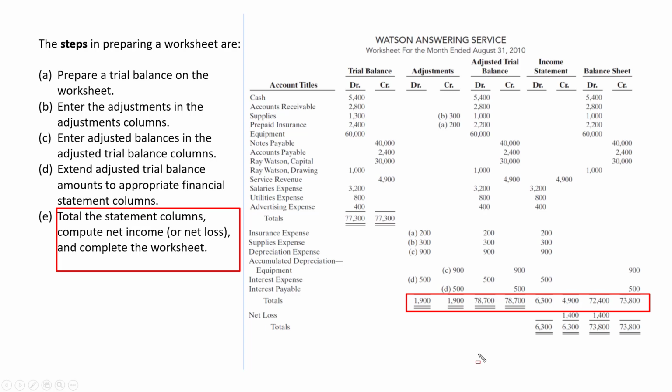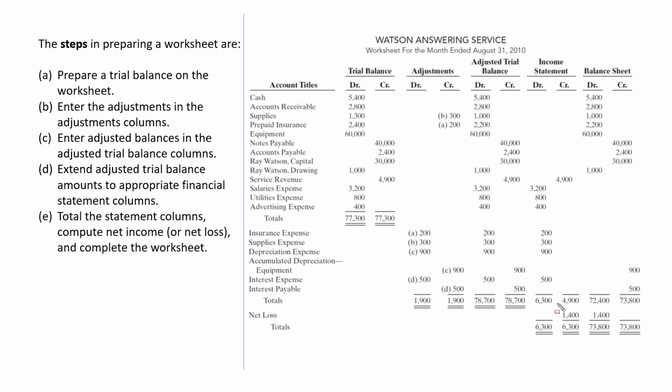The debit and credit columns will be the same, and it is necessary to identify the net income or loss. In our illustration, this is a net loss. That's why it is on the credit side, and it will also be recorded in the balance sheet debit column.